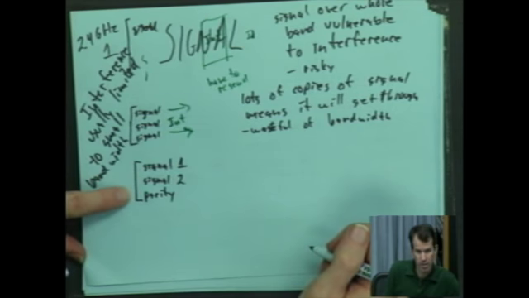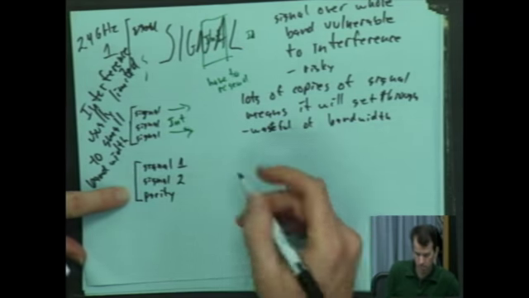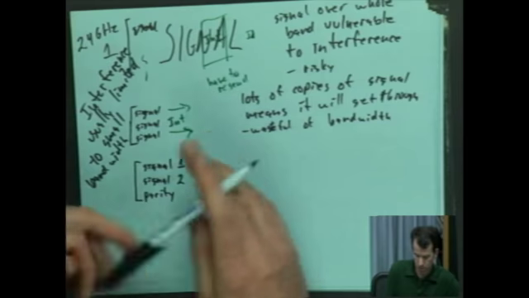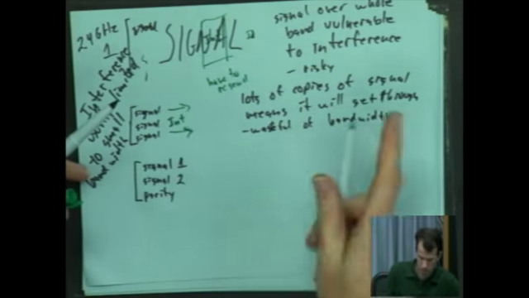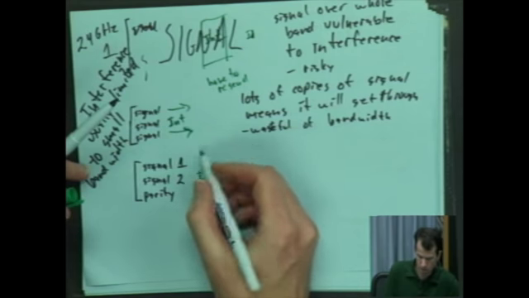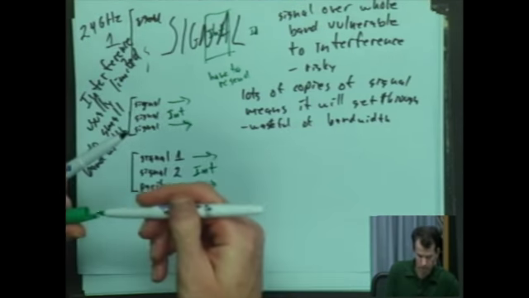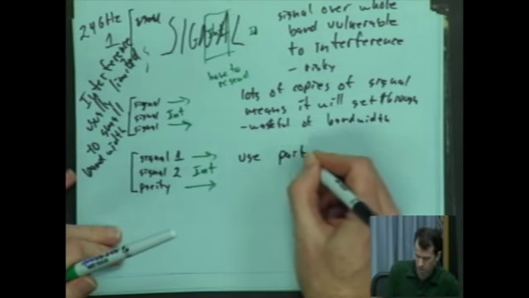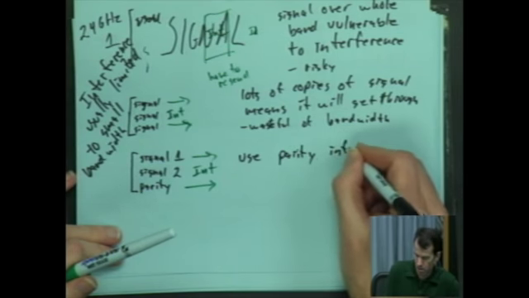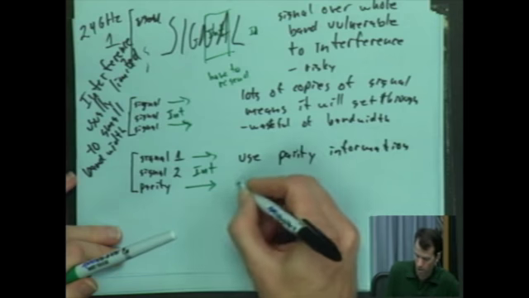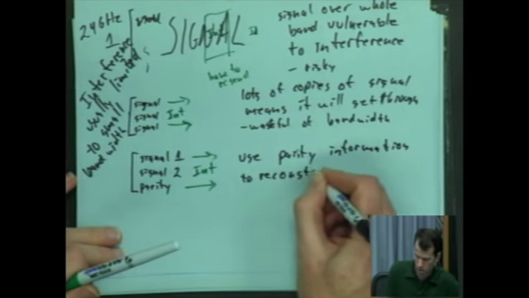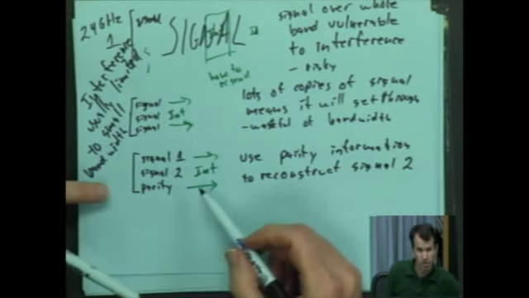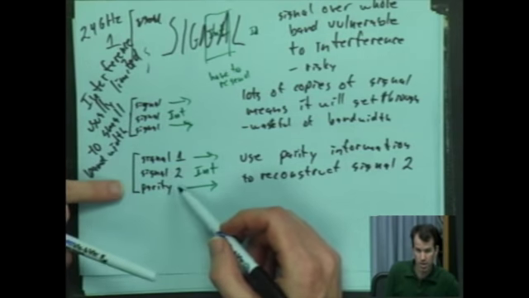And this is like RAID 5 on a disk, where you might have 3 disks and then a parity disk. And the way it works is if there's interference, so interference now is blocking signal 2, signal 1 and the parity still get through, and we can use the parity information to reconstruct the other signal. Okay? So I can lose any of these individually and I'll still be okay.